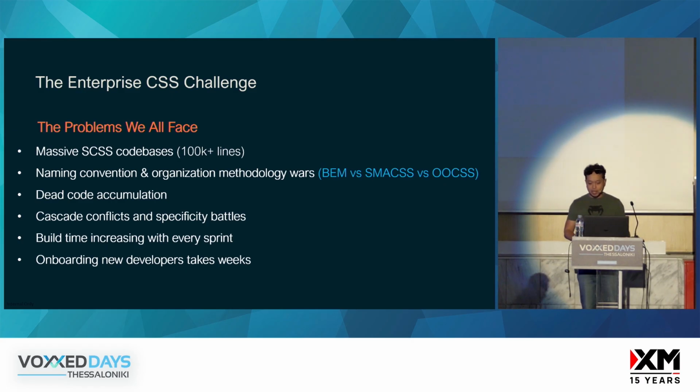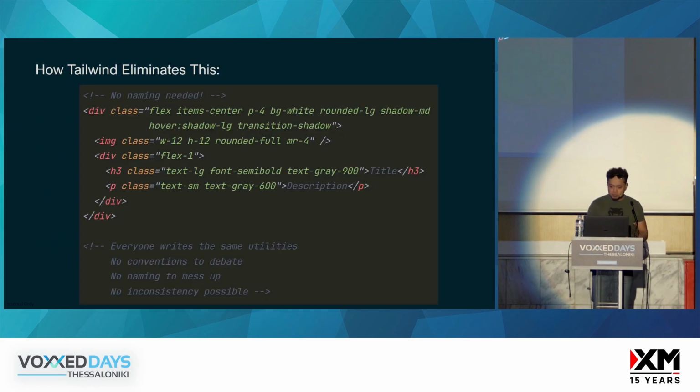This is the reality we're trying to escape. And how does Tailwind eliminate this? No naming needed. Everyone writes the same utilities. No conventions to debate. No naming to mess up. No inconsistency possible.